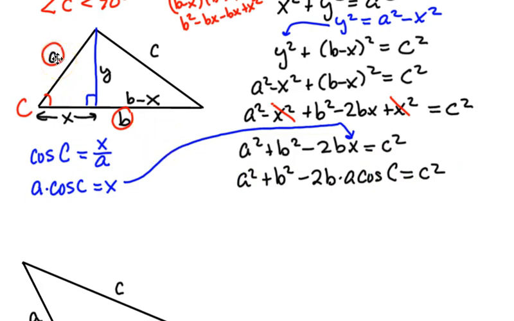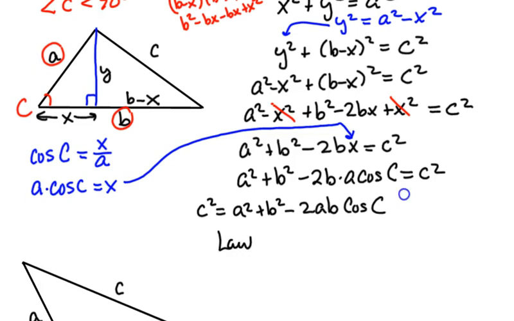I've been given side A, side B, and angle C. Those are all known quantities, and I can find side C using those pieces of information. So c squared equals a squared plus b squared minus 2, and I'm going to write this as ab instead of ba, ab cosine of C. And this is known as the law of cosines.